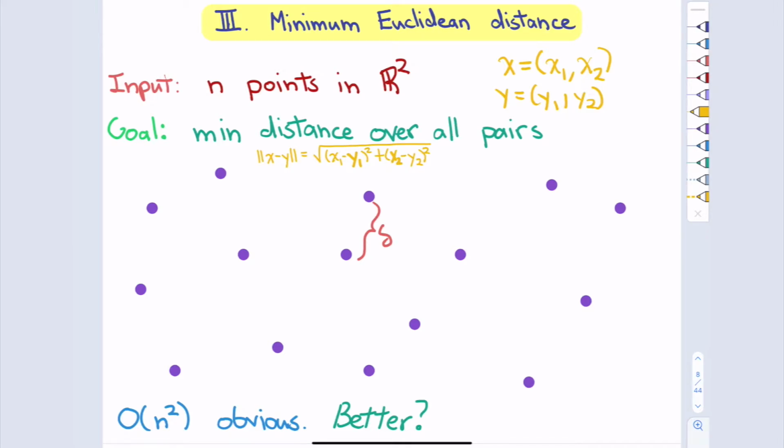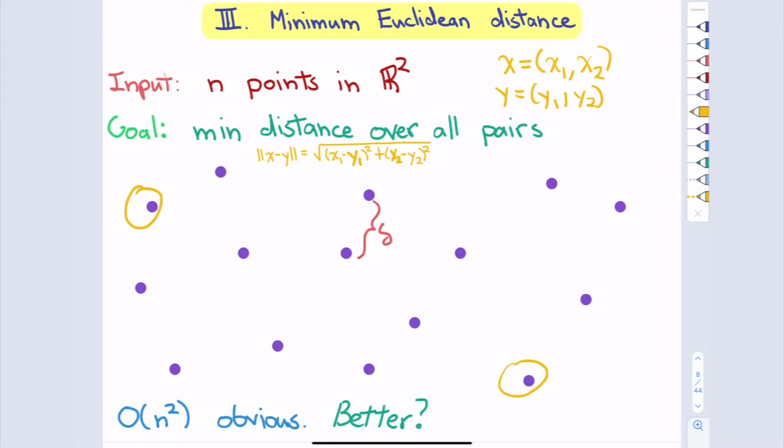Right, so we want to do better than comparing all pairs. Even just looking at a picture like this, it's in 2 dimensions, so this is a representative picture of such a problem. When you look at it from this bird's eye point of view, you kind of know that comparing these two is ridiculous. And comparing these two is ridiculous.